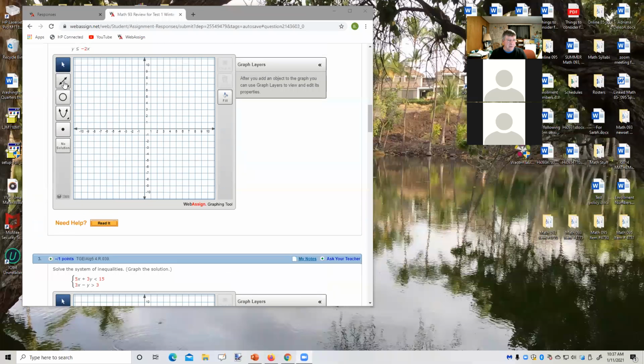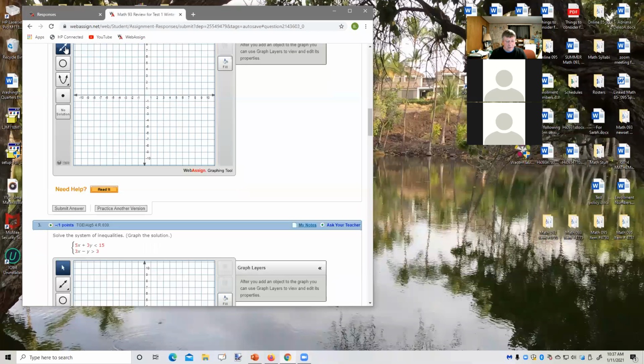So, okay, let's see here. All right, so we have the point 3, 0 and 0, 7. It is not a solid line, so it's dashed. And we determined that 0, 0 was correct. So if I want to fill it, it would be that.